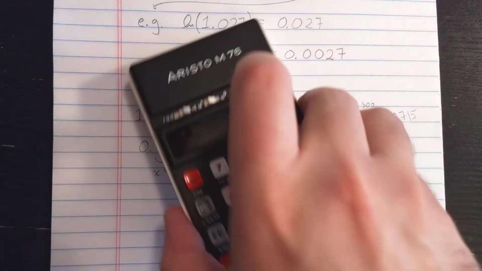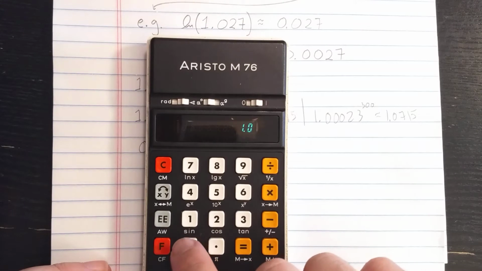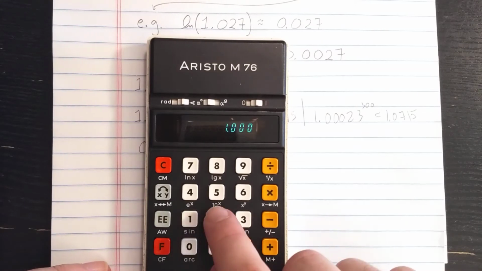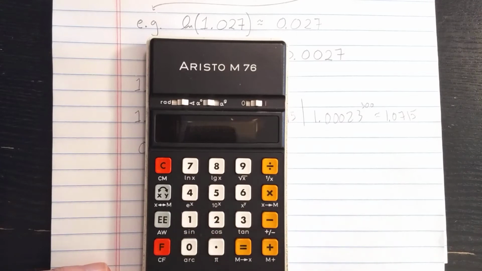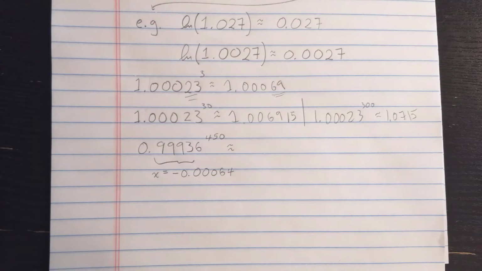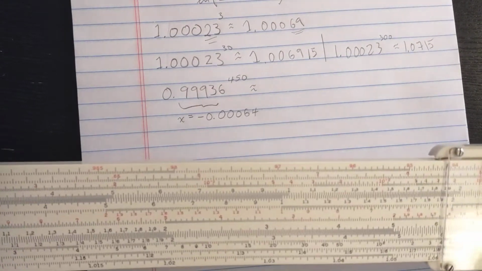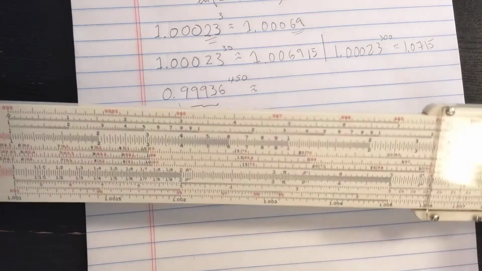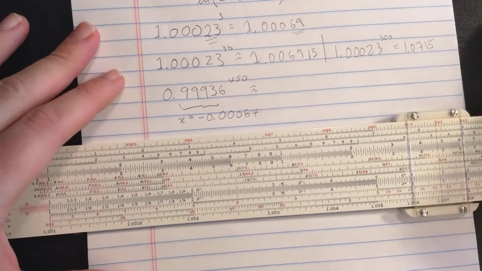Let's check that against the calculator. Not bad. Okay. Now again, if you don't have the LL0 scale, you can do this as a substitute for LL0 as well, but in that range you will lose a little bit of accuracy.